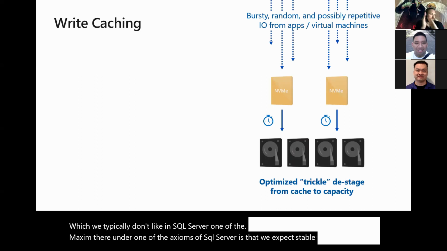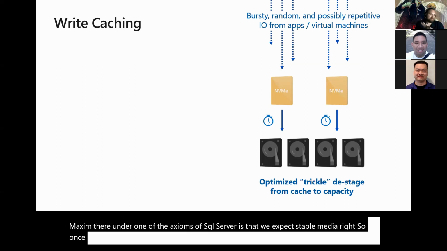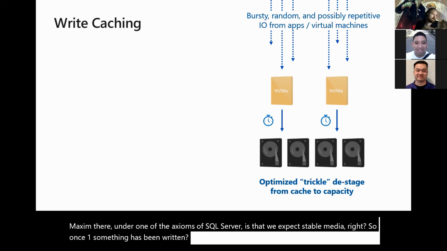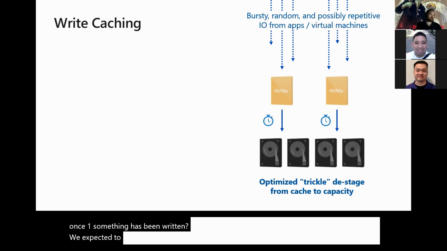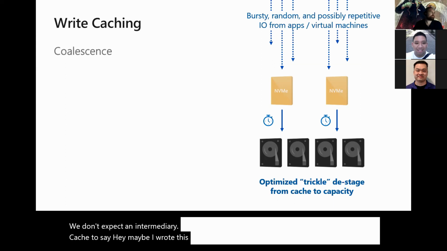So once something has been written, we expect it to stay written. We don't expect an intermediary cache to say, hey, maybe I wrote this, maybe I didn't. Okay.